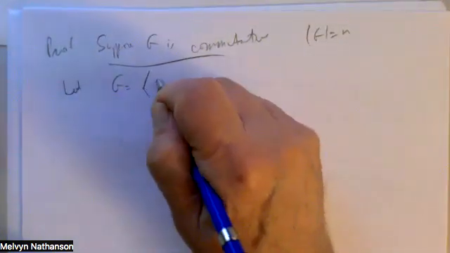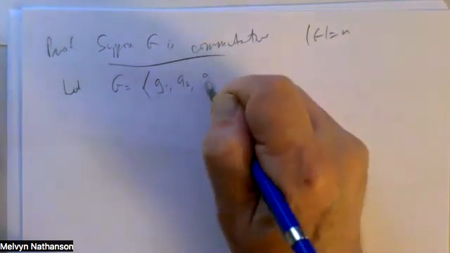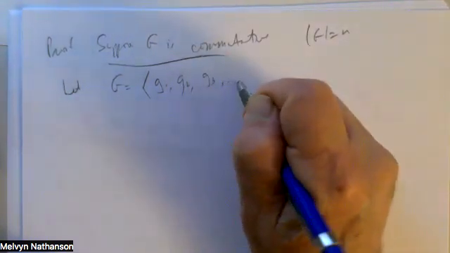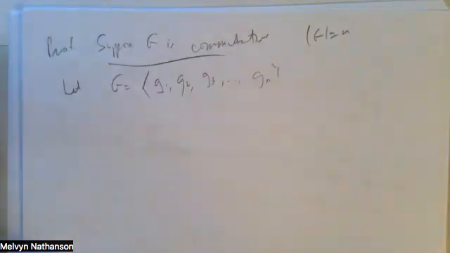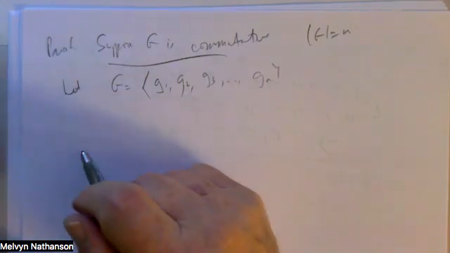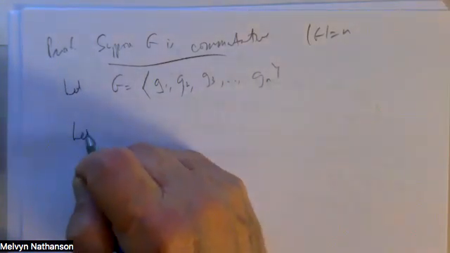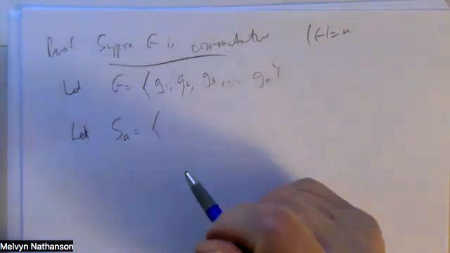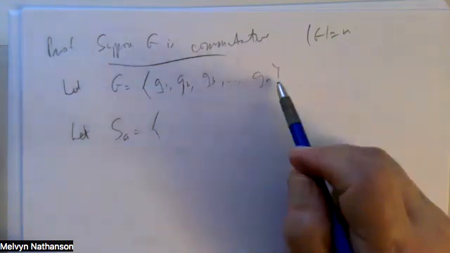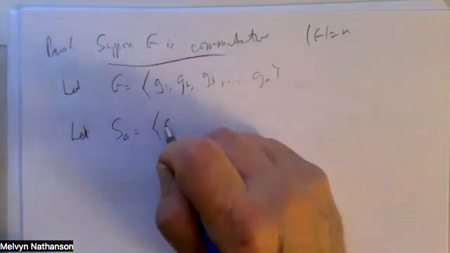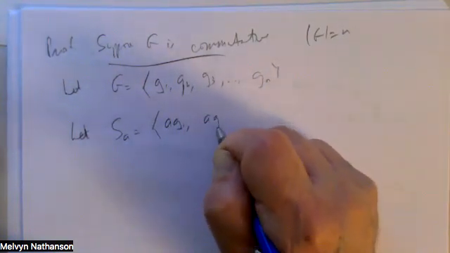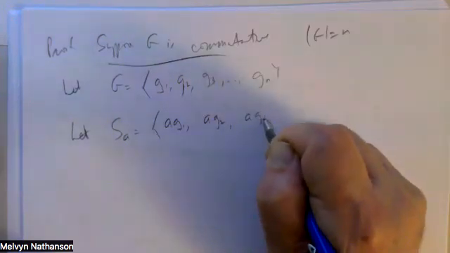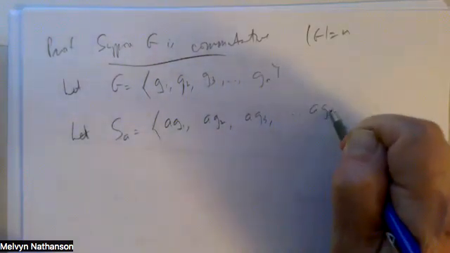So G consists of n elements, g1, g2, g3, up to g sub n. These are the n distinct elements in the group G. And let me call this set S of a, what you get by multiplying every element in the group on the left by a: ag1, ag2, ag3, up to agn.